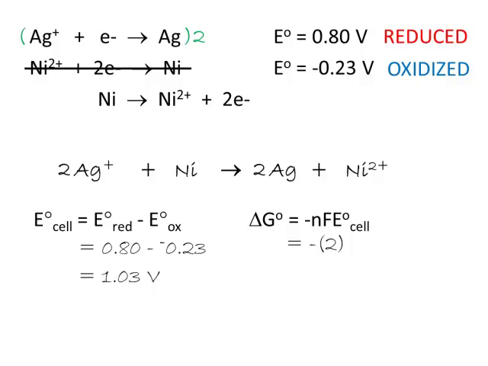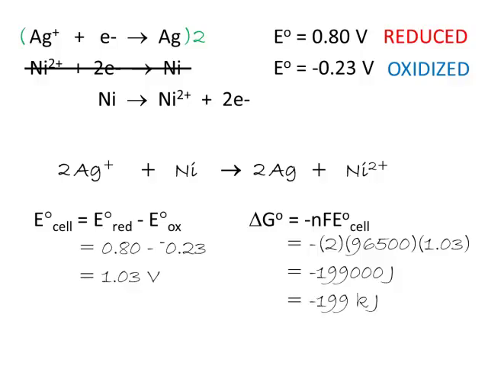For every mole of electrons transferred, 96,500 coulombs of charge pass through. We just calculated E naught for the cell to be 1.03 volts. The product of these values results in delta G equal to negative 199,000 joules, or if you switch it, negative 199 kilojoules.